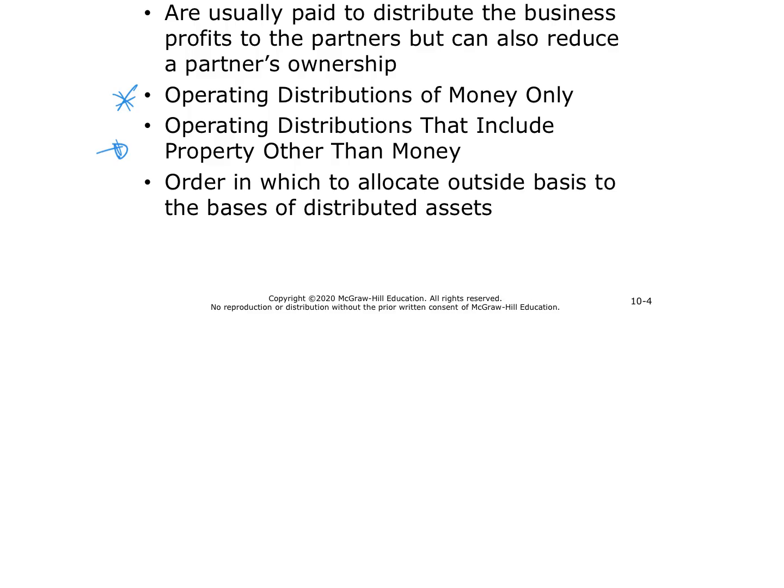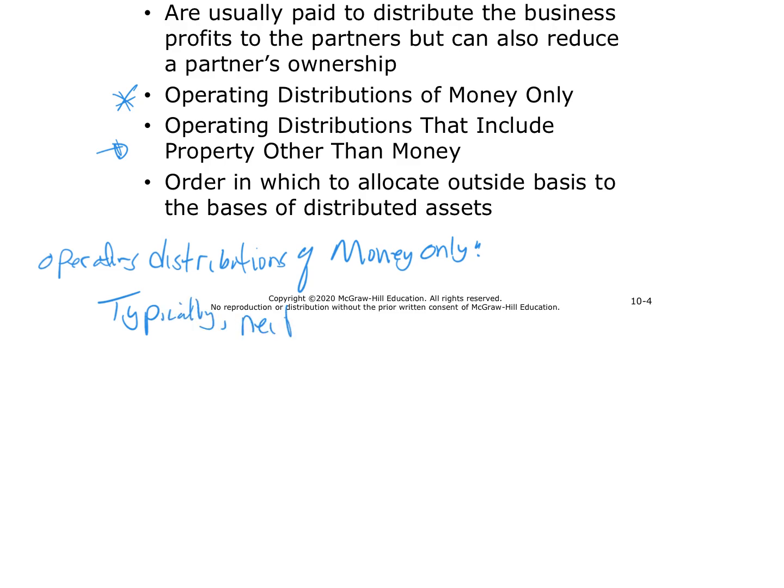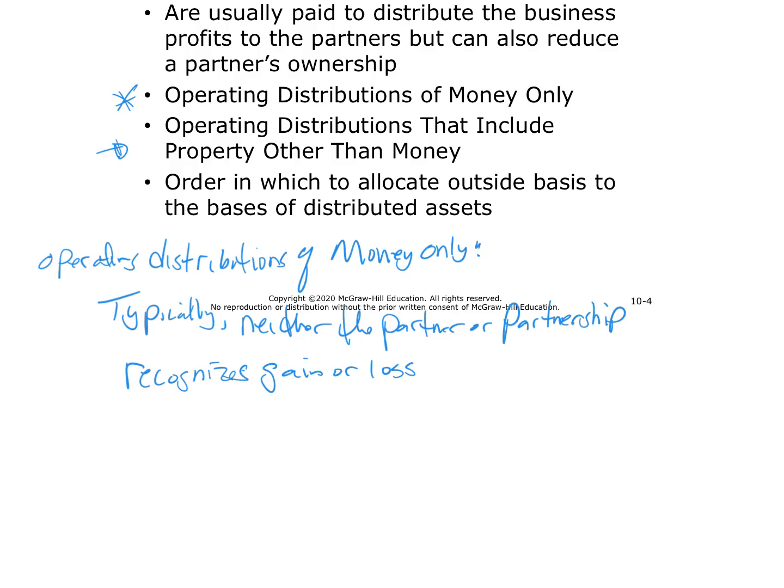Okay, so with money only, generally, the partnership does not recognize any gain or loss, and the partner does not recognize any gain or loss. There is, of course, one exception.